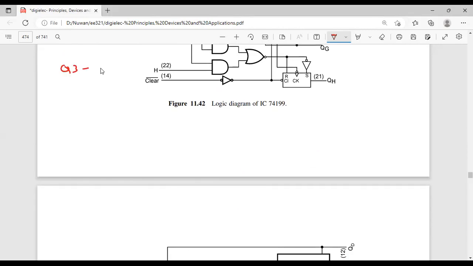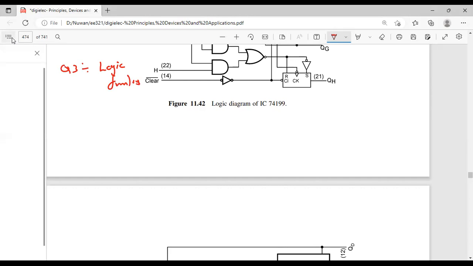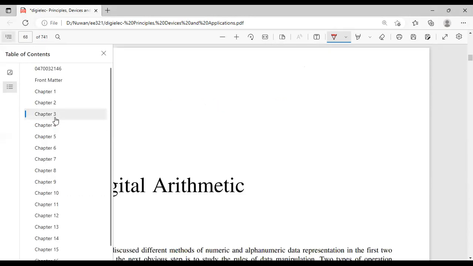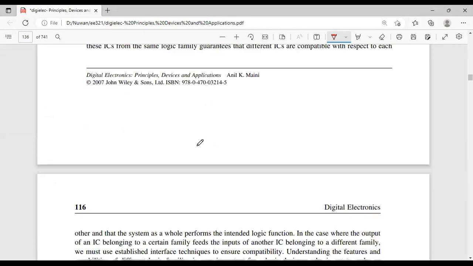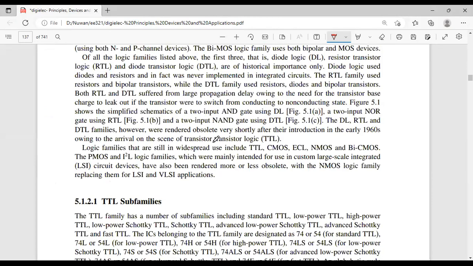And question three is based on the logic families. I think you can remember that we have different types of logic families.